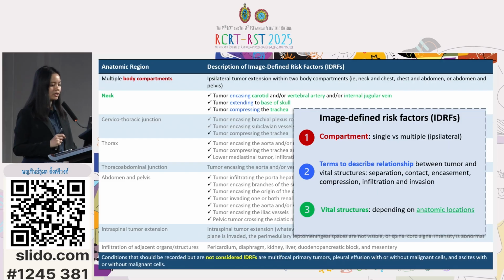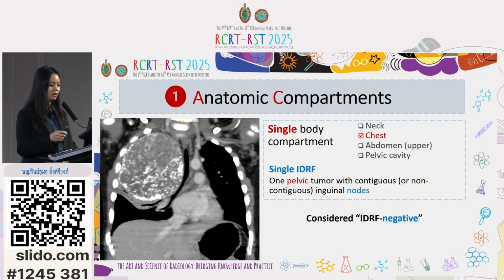IDRF have 3 key assessments: body compartments, descriptive terms of tumor relationships, and vital structures. I'll begin with body compartments, which can be either single or multiple. A single body compartment means the tumor is confined to one anatomic region, such as neck, chest, pelvis, or abdomen.